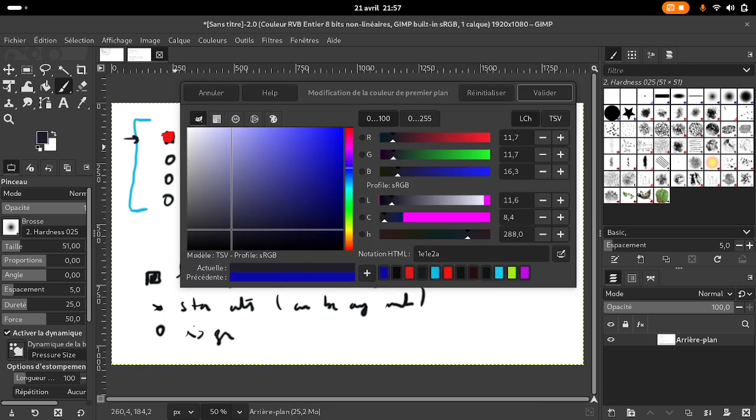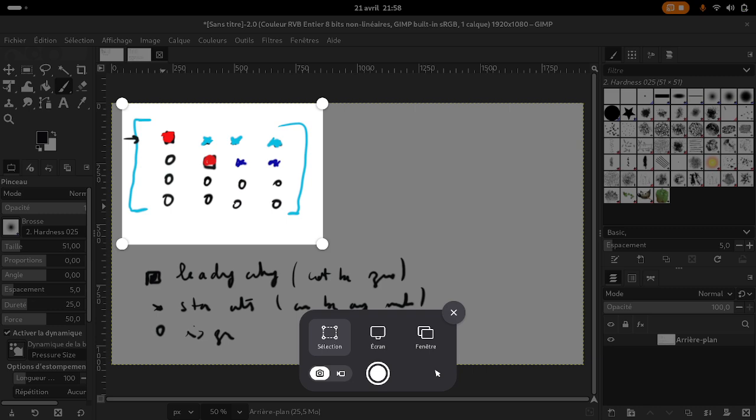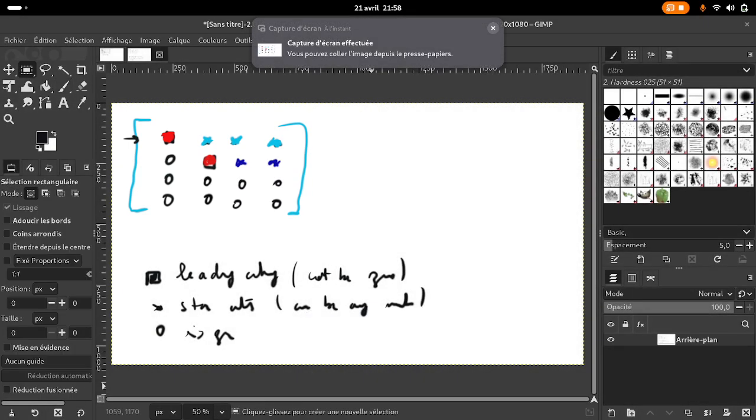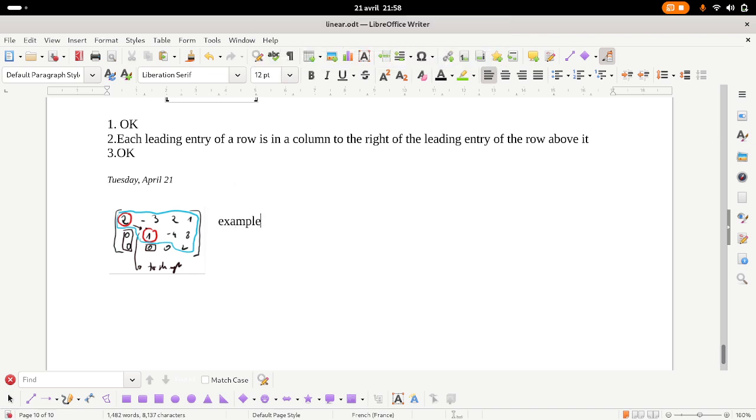And for example, to complete the definition, I have two 0 rows, and they are under the non-zero rows. So we paste it also. Example 2.